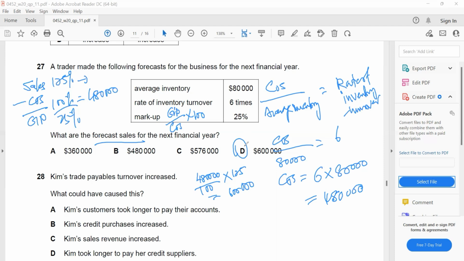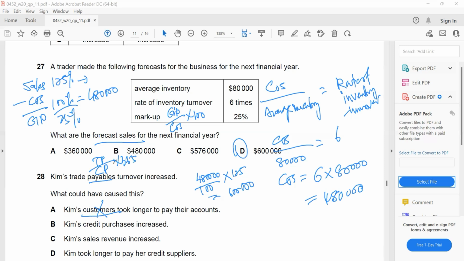Kim, trade payable turnover increase. Trade payable turnover is taking the trade payable over credit purchases times 365 days. So Kim, customer took longer? This is a customer, but this is a supplier, so this is wrong. Kim's credit purchases increase.